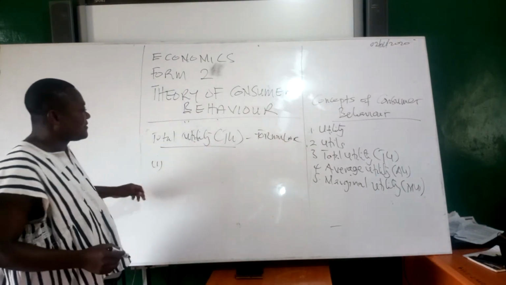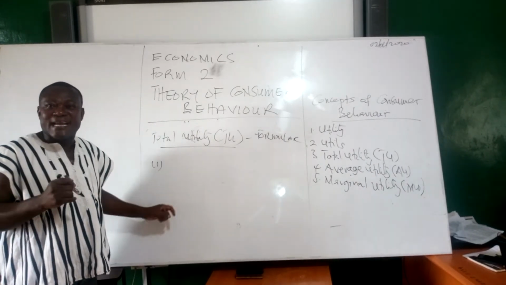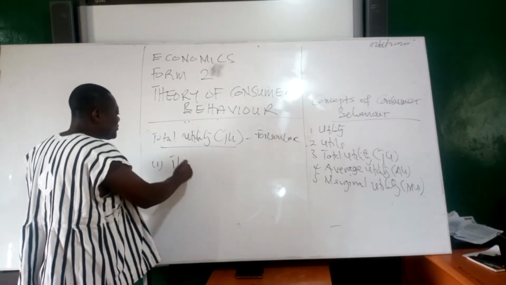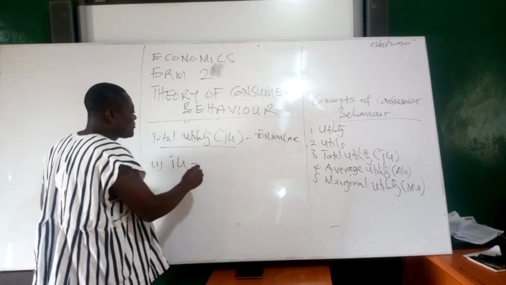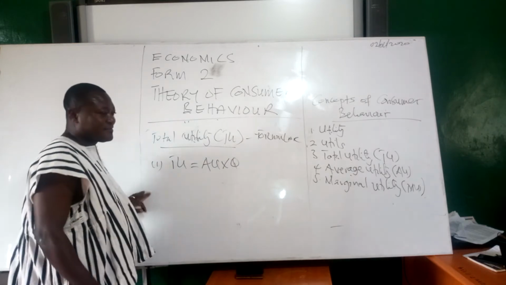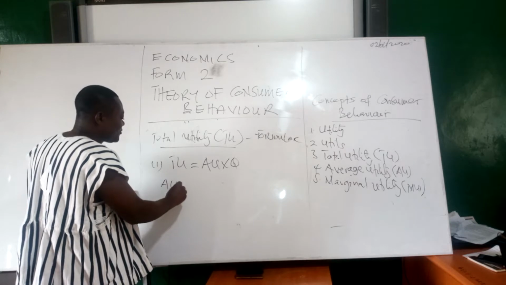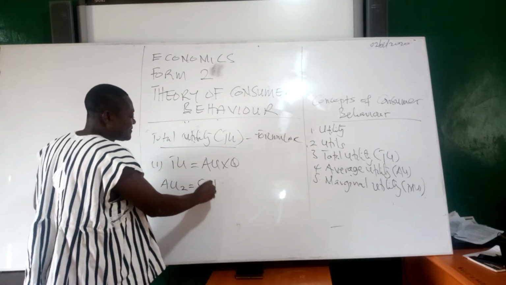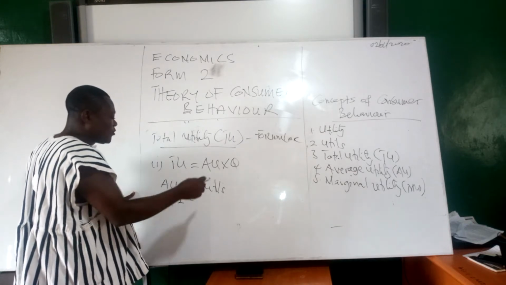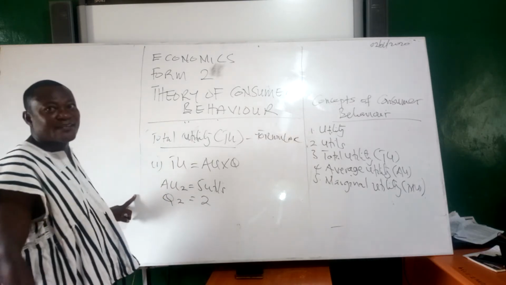One, total utility could be measured by multiplying the average utility by the quantity consumed. That is, TU is equal to AU times quantity. So for example, if AU2 is 5 utils and quantity consumed is 2, then what will be the total utility?